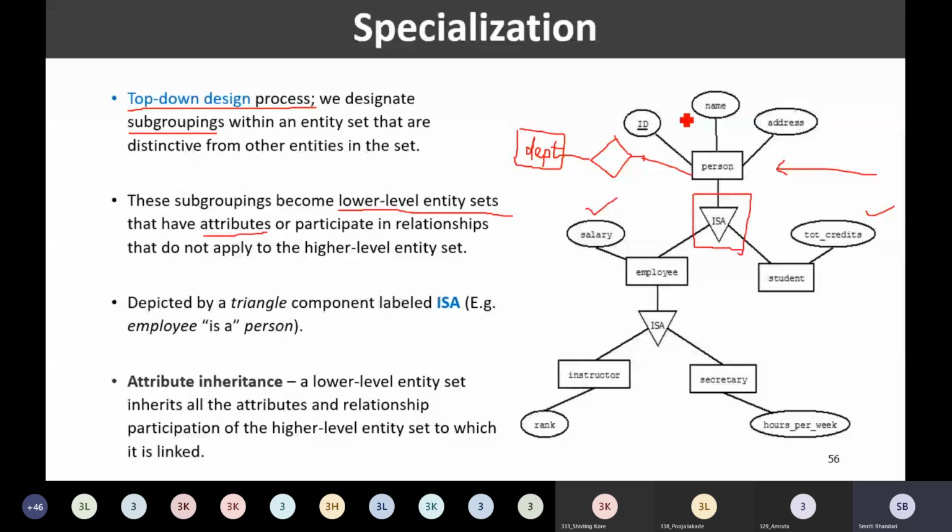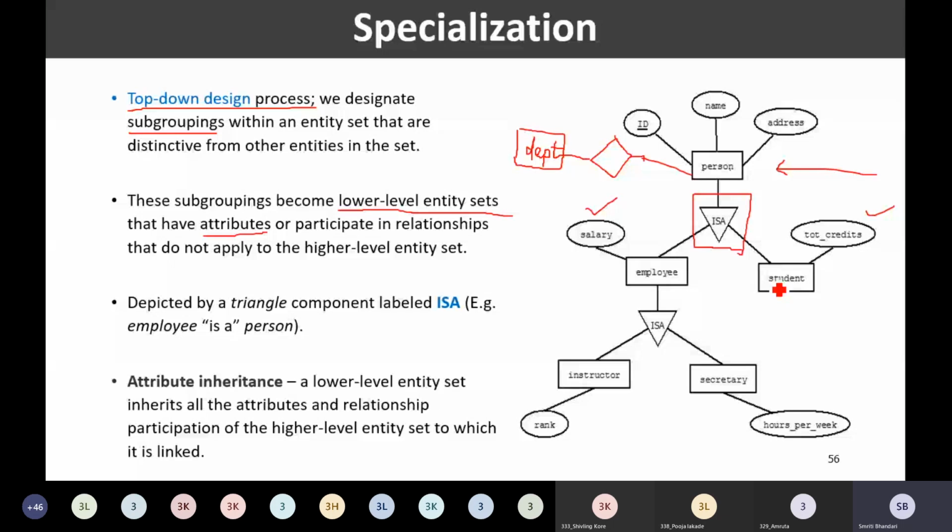Very simple logic. So attributes are inherited by the lower level entity sets, and also the relationships in which the higher level entity set is participating. Obviously, those relationships are applicable to the lower level entity sets.